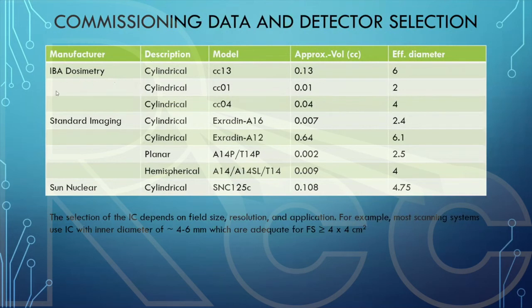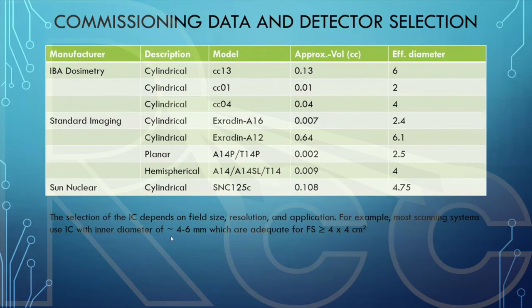For example, in my clinic, we have IBA cylindrical ion chambers, the CC13, and we use the CC13 for scanning. We also have the Sun Nuclear cylindrical ion chamber, and we use it in the round water tank that I showed you because I cannot use my IBA ion chamber on my round water tank.